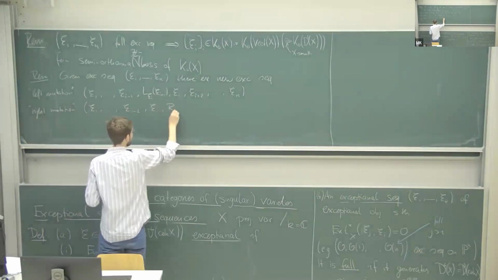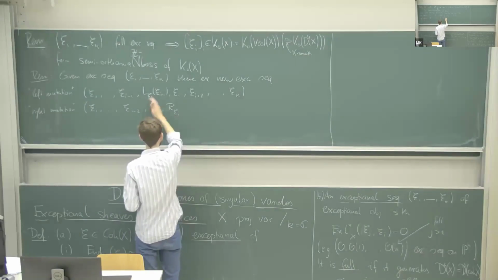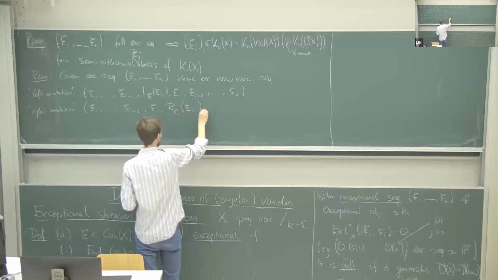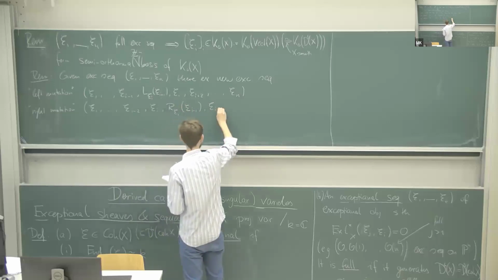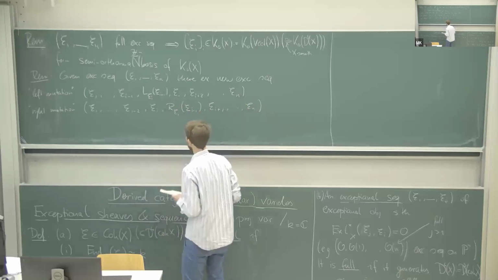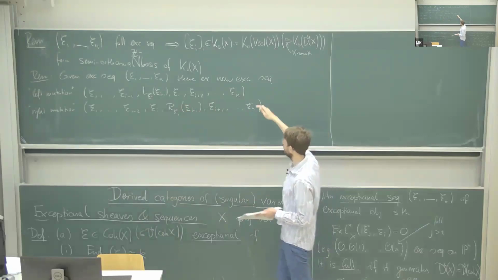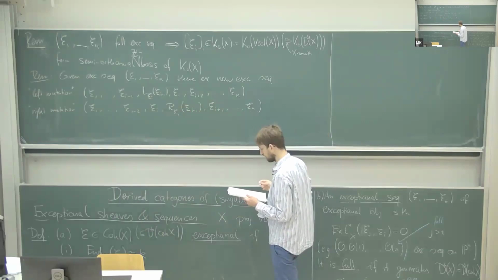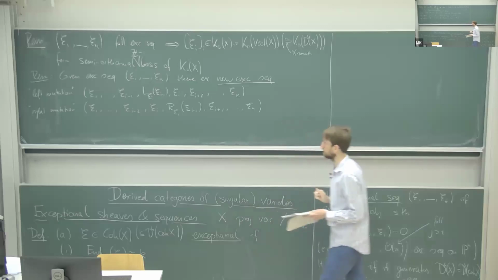And here we have the right mutation over Ei of Ei minus 1 and continue with Ei plus 1 and now all the way up to En. Okay, so given an exceptional sequence, we have produced two new sequences, and the statement is that they are also exceptional sequences.